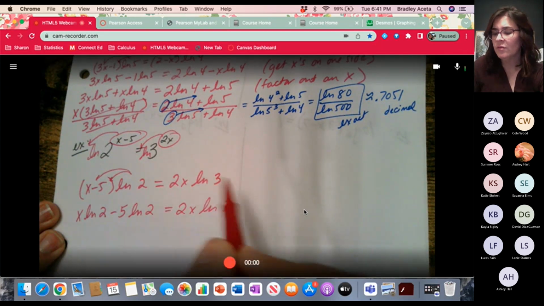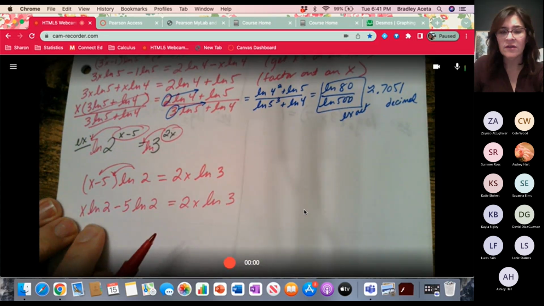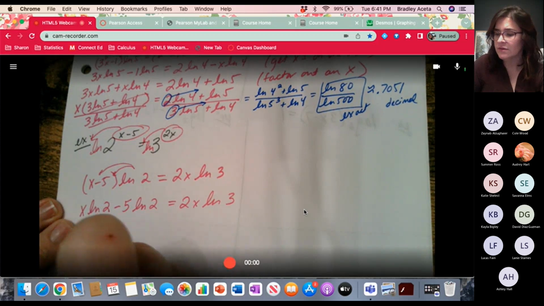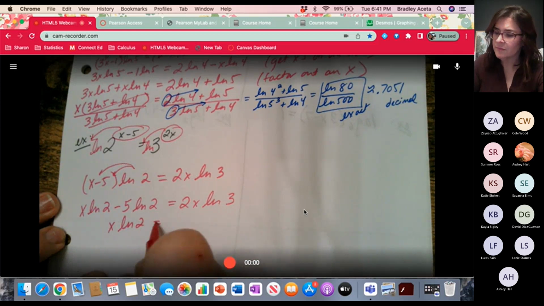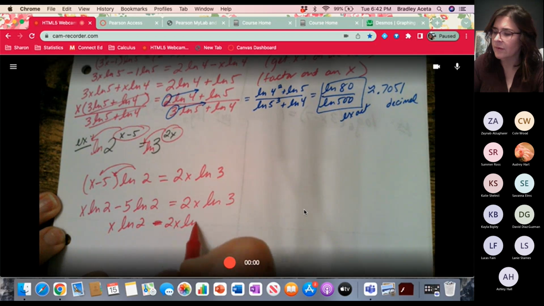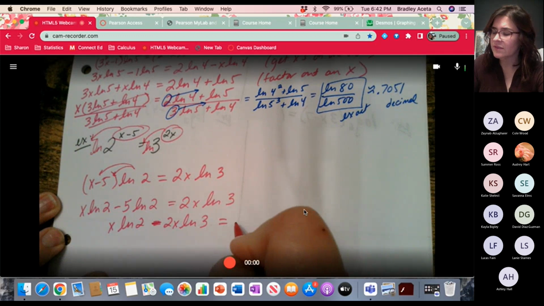So I did my power rule. I brought it down. I distributed my ln. Keep all your x's on the left and numbers to the right. So this would be x ln 2. Oh, this one has an x also. So let me minus that over. And then let me bring this one to that side. Let me bring the minus 5 ln 2.